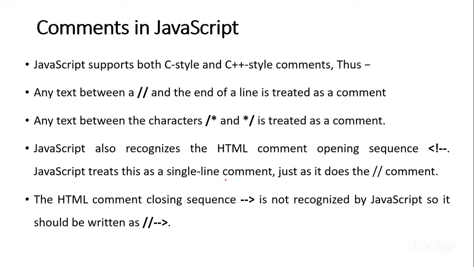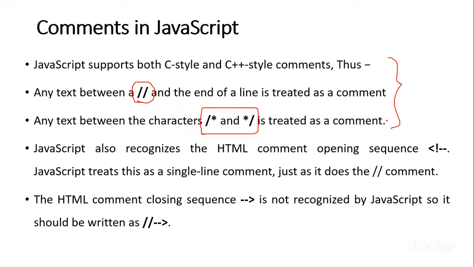Then how to write comments in JavaScript. In C language, we use double forward slashes to write a single line comment. If you want to write a multi-line comment, you start with forward slash star, and at the end you write star forward slash. In the same way, we can apply this to JavaScript also.